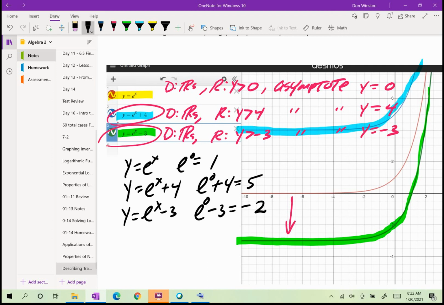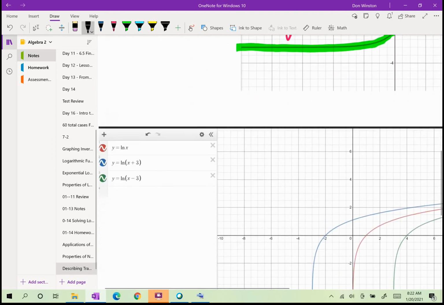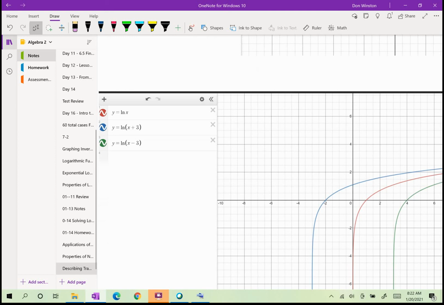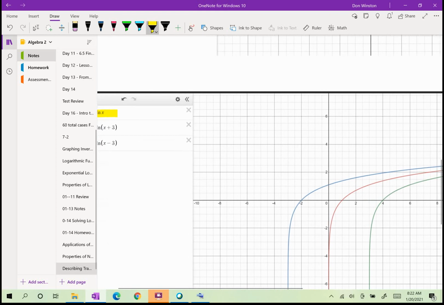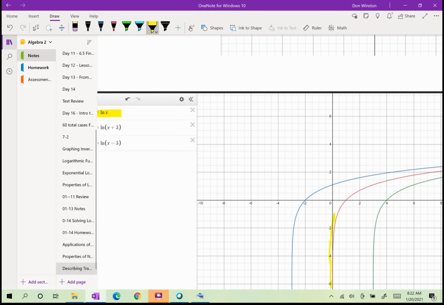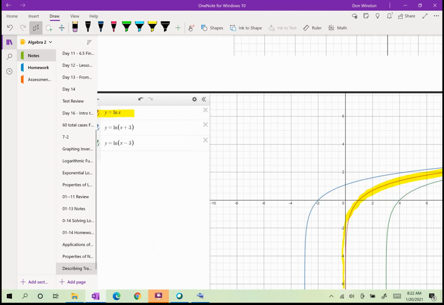Likewise, we can do the same thing for the log function, the inverse function, natural log. So let's take a look at this here. So I have y is equal to the natural log of x, which is graphed here. So the domain of that function would be x is greater than 0.